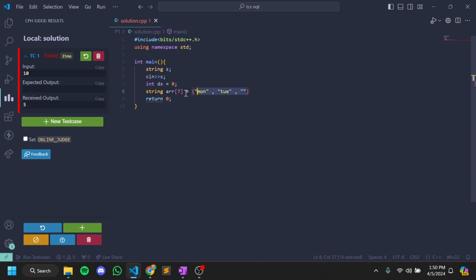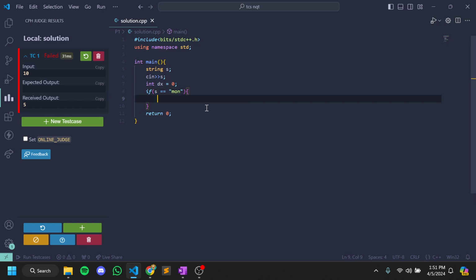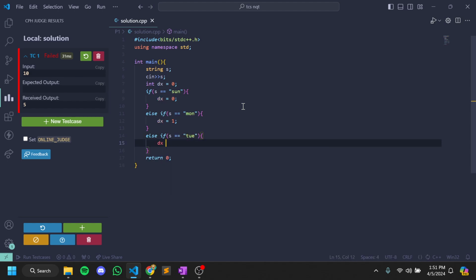Without an array we can also do it with if else. If s equal to sun, so let's start with sun only, it means that dx remains 0. Else if s is mon, my dx value is 1. Sorry, for Tuesday it will be 6, and for Wednesday it will be 5.